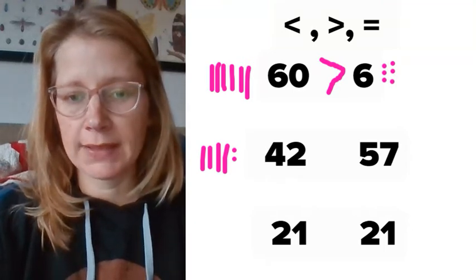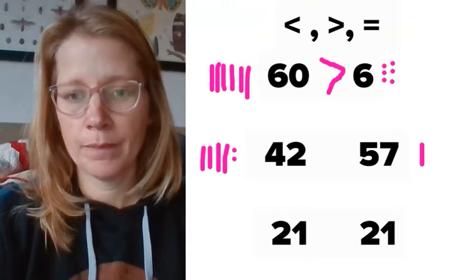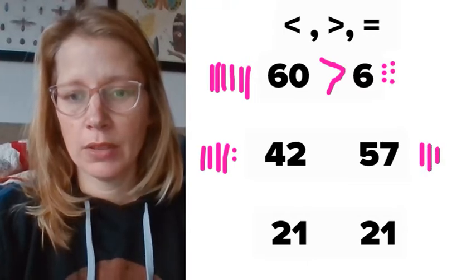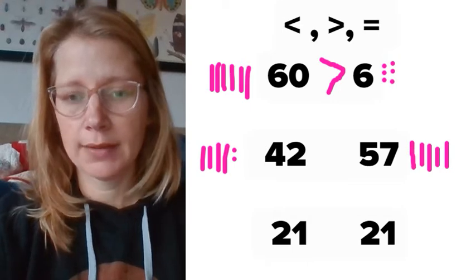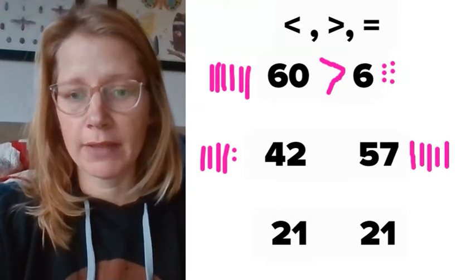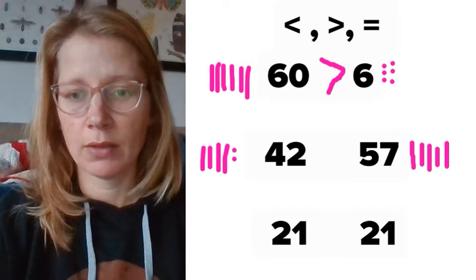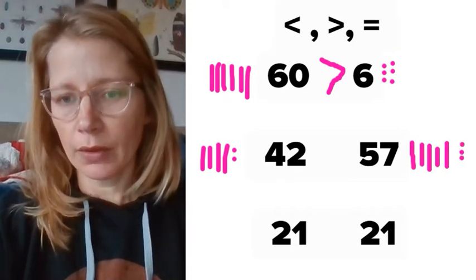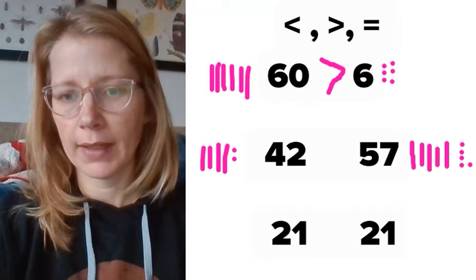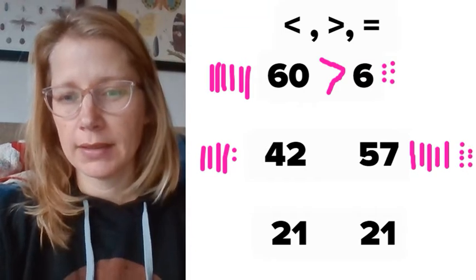For my number 57, I have a 5 in my tens place, so I need to draw 1, 2, 3, 4, 5 rods, and I need to draw 7 dots to represent my 7 in the ones place. So 1, 2, 3, 4, 5, 6, 7.